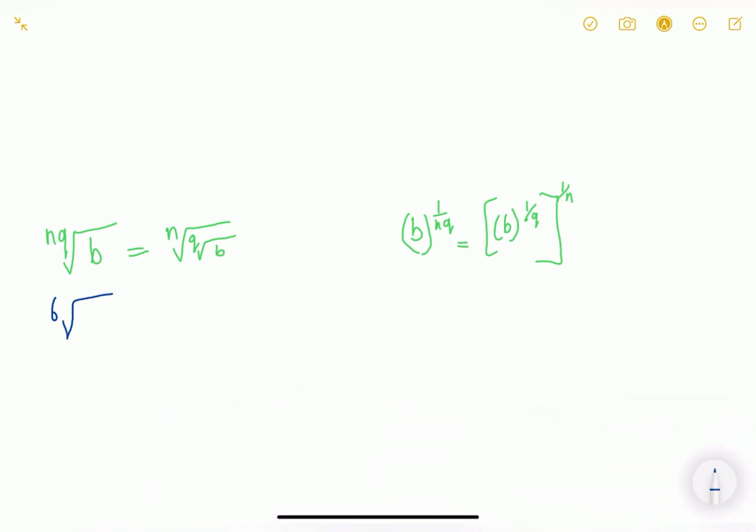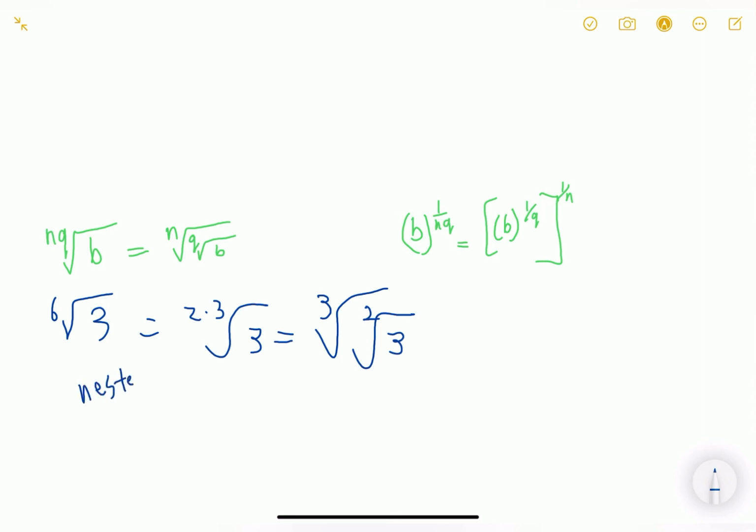So what this is, is called nested radicals. They're just under each other. Radical over radical, which is the square root of the cube root of 3. Now we proved that this is the same thing as this.